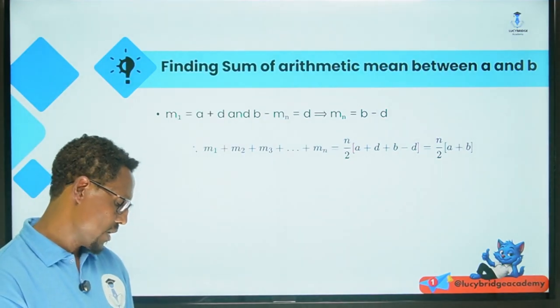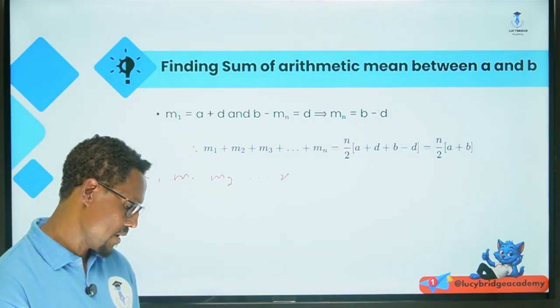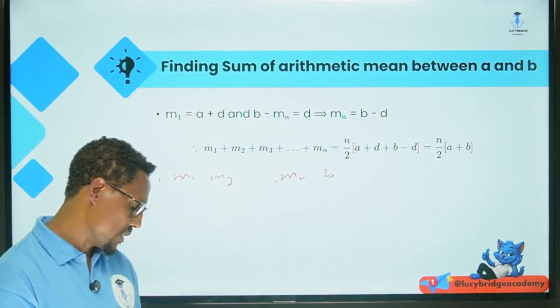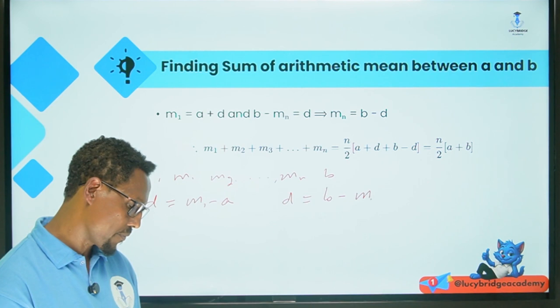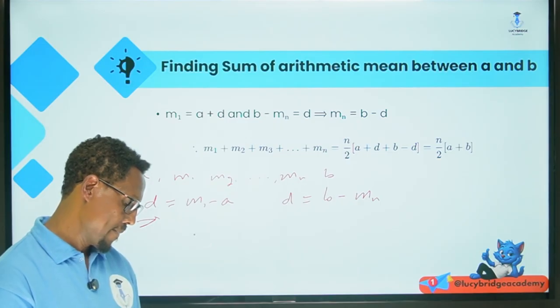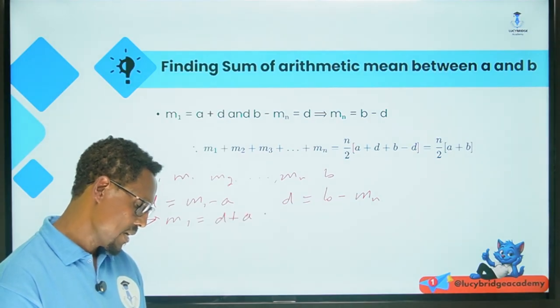Yes, look, a, m1, m2, m3, mn and b. Okay, I know that the common difference d is m1 minus a, and d is equal to b minus mn, which implies that m1 is equal to d plus a, and here mn is equal to b minus d.